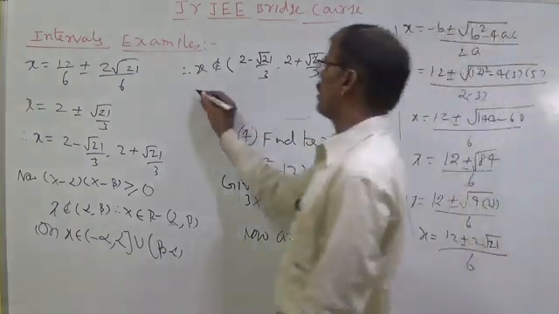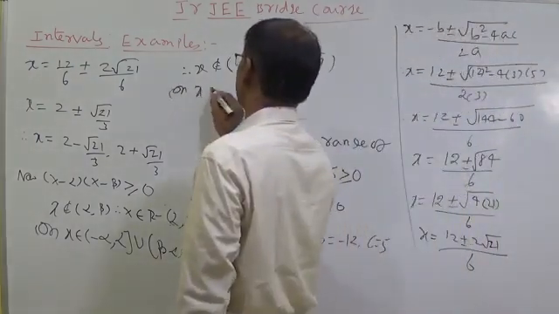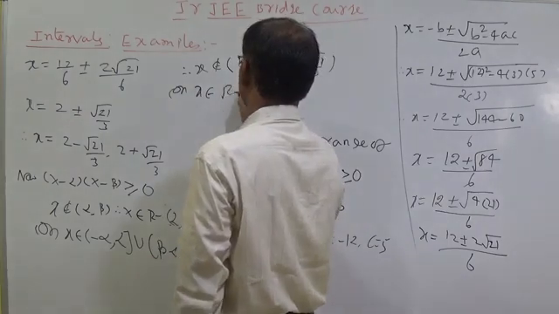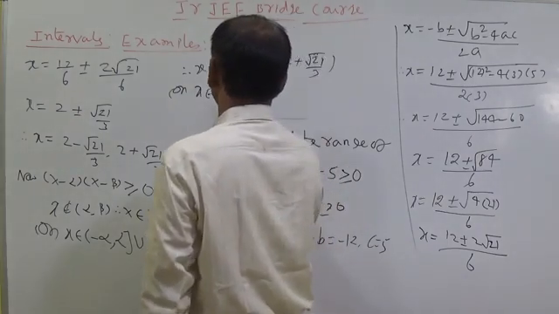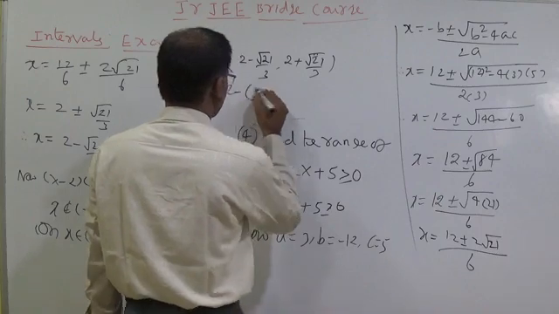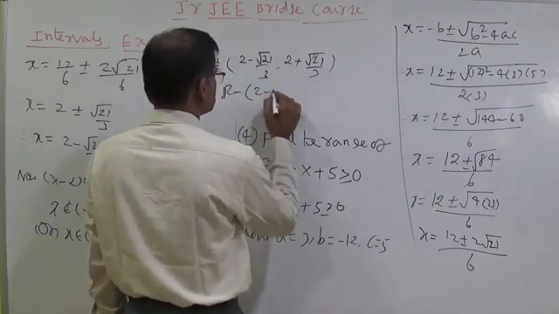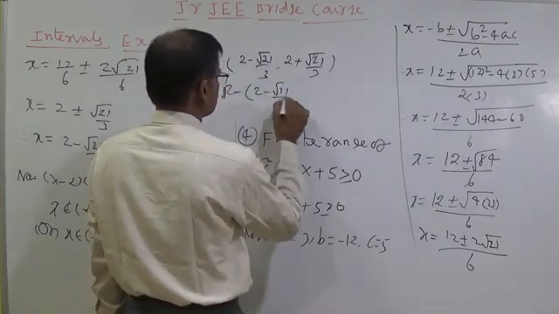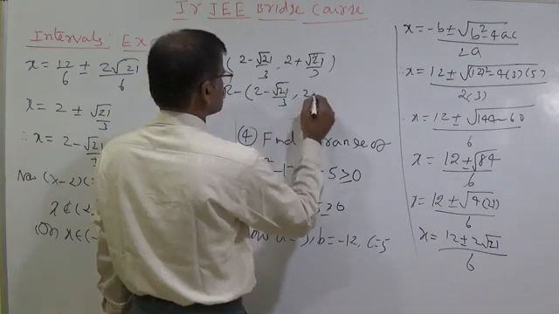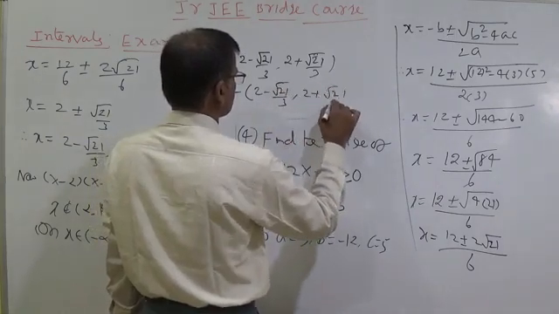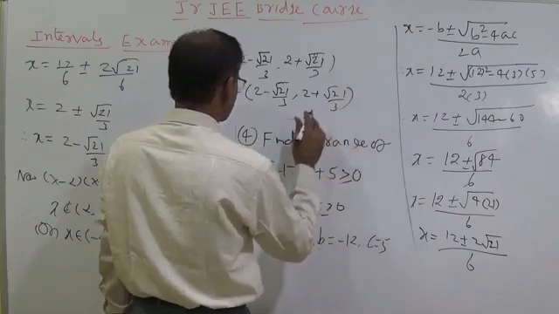Or x belongs to R minus, R means here the total real numbers, minus the open interval 2 minus root of 21 by 3 comma 2 plus root of 21 by 3.